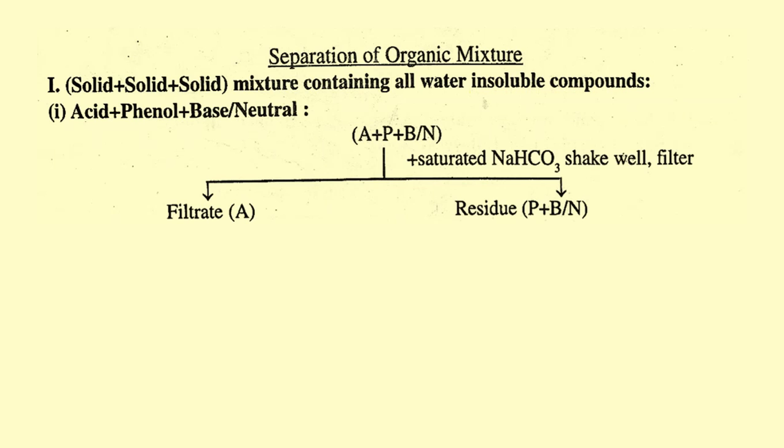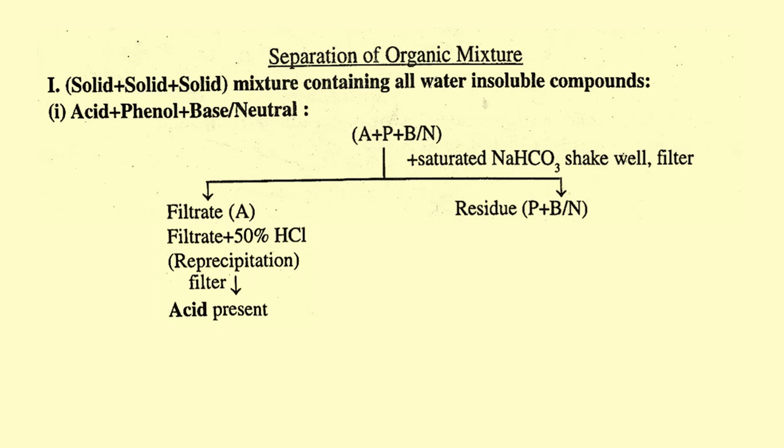These are the four types. Add saturated bicarbonate, shake well, filter; left side filtrate and right side residue. The first is the acid: on addition of HCl it gives reprecipitation. Okay, these are the acid.